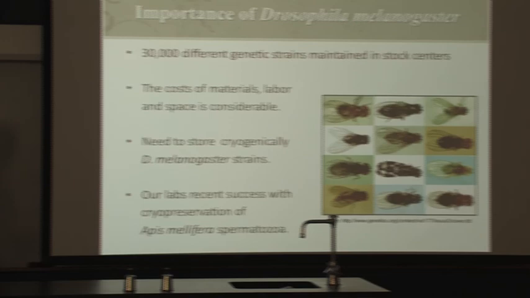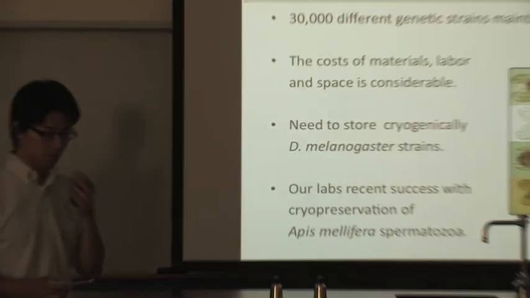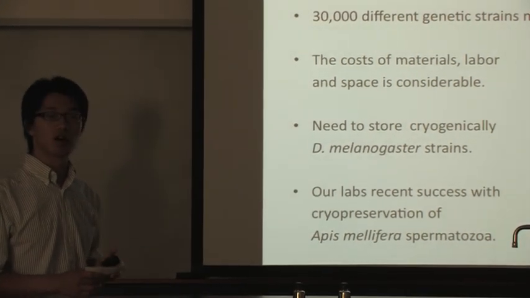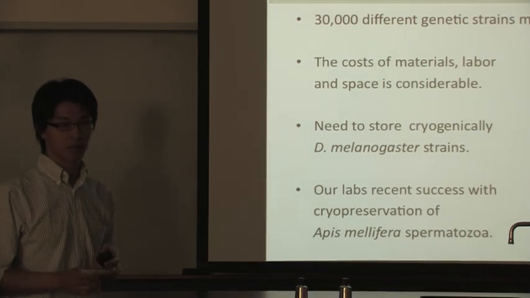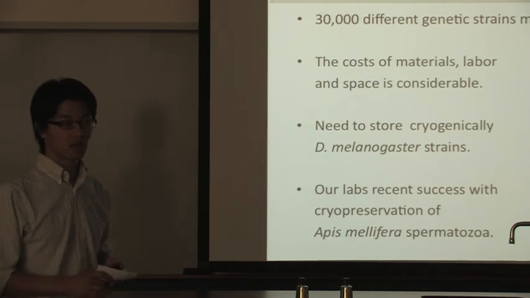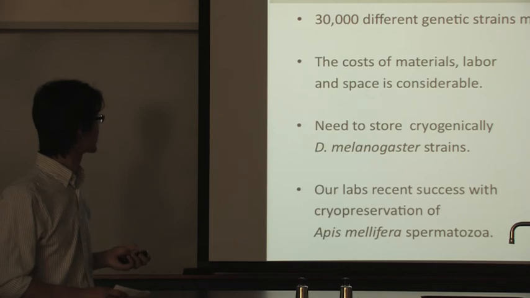Therefore, there is a clear need to store the strains of Drosophila melanogaster cryogenically. In our lab, we recently succeeded in the cryopreservation of the honeybee Apis mellifera. So we can use this kind of technique for Drosophila. But first, we need to develop artificial insemination of Drosophila melanogaster.